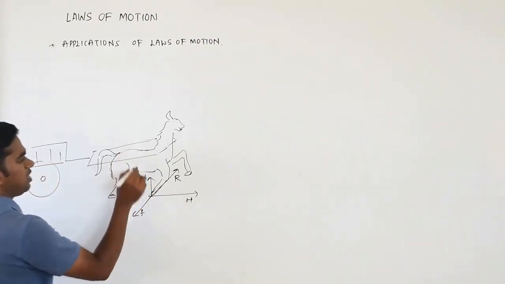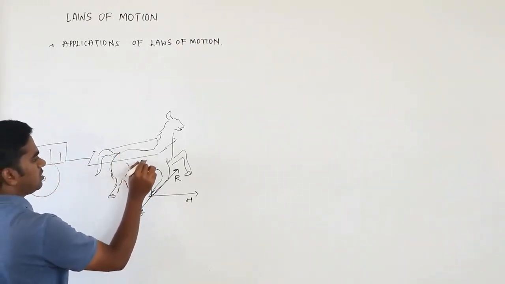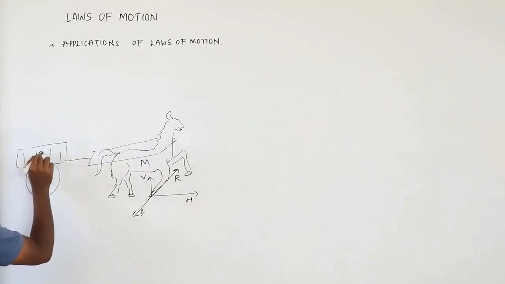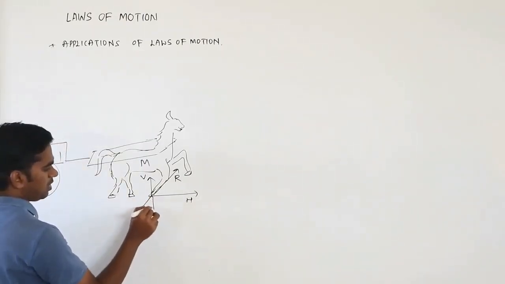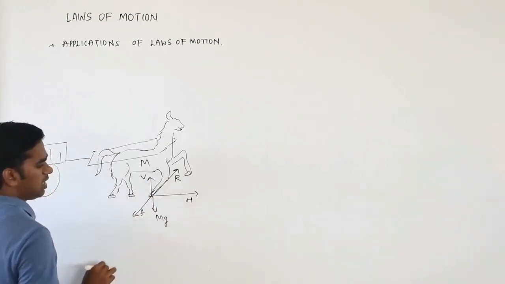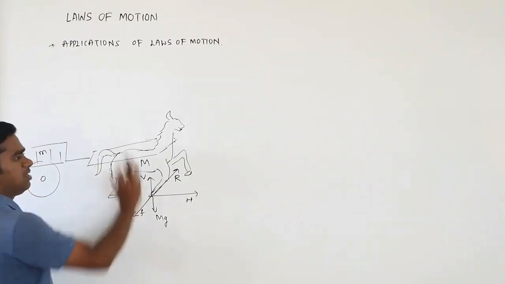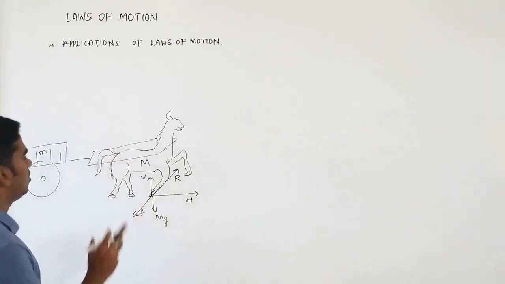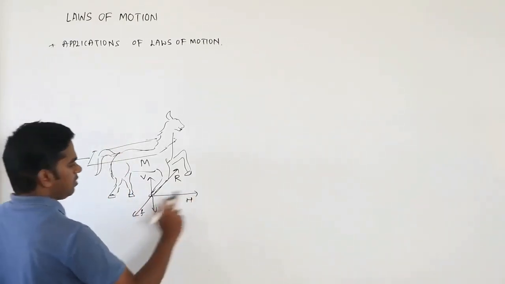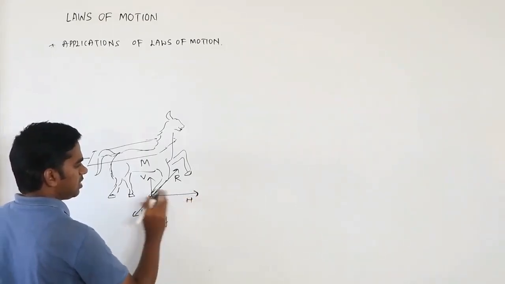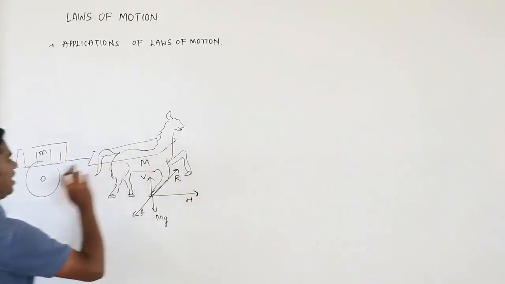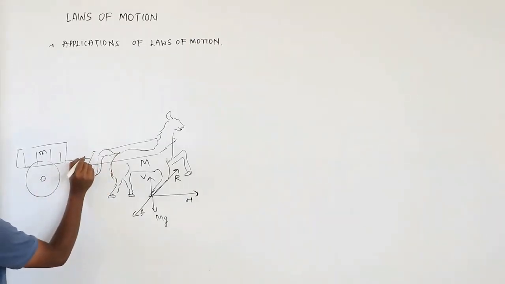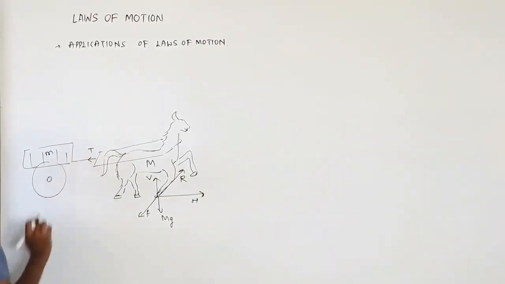Okay, take the mass of the horse as M and the mass of the cart as small m. Now the downward force, this vertical force, will be balanced by the weight of the horse, that is mg, so they will get cancelled. That is why the horse will not move in the upward direction. But there is a horizontal force, so the horse can move forward. As the horse moves forward, there will be tension developing in this string.